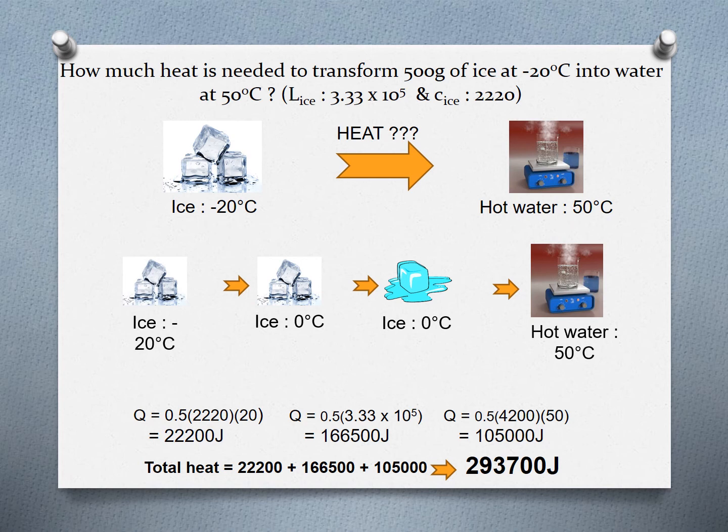From the formula, we have the latent heat of ice, which is 3.33 times 10 to the power of 5, and the specific heat capacity of ice is 2220. We total up all the heat changes from ice at minus 20 degrees Celsius into hot water at 50 degrees Celsius, and we get the total heat.